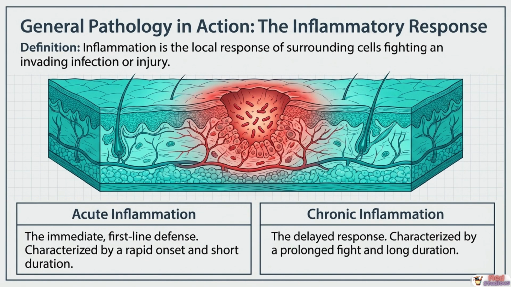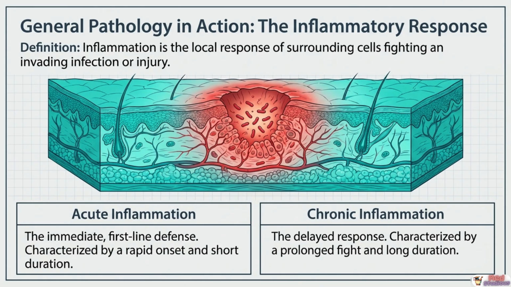infection, a precisely orchestrated biological defense mechanism that evolved to protect the body from microbial invasion, toxic substances, and physical trauma. The classic signs of acute inflammation were described by the Roman physician Celsus nearly 2,000 years ago and remain valid today.